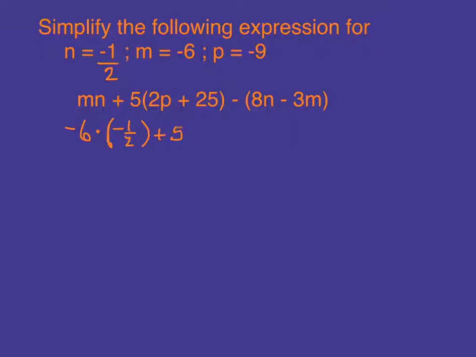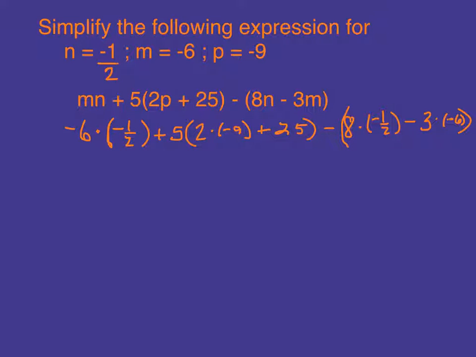Plus 5 times the quantity of 2 times p, which is negative 9, plus 25, minus 8, the quantity of 8 times n, which again is negative 1/2, minus 3 times negative 6, and that's a negative there.